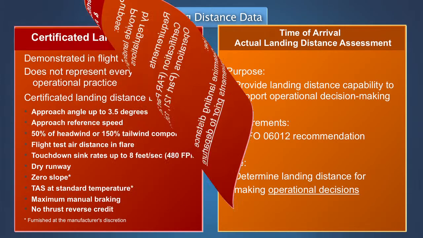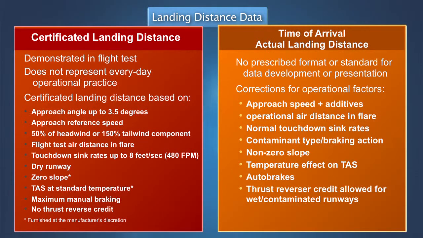The landing distances determined during certification are aimed at achieving the shortest landing distance possible with a test pilot at the controls. To achieve the minimum airborne portion of the landing distance, flight testing and data analysis techniques can result in assumed touchdown rates as high as 480 feet per minute.